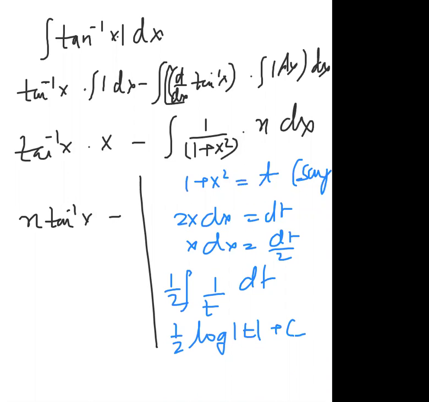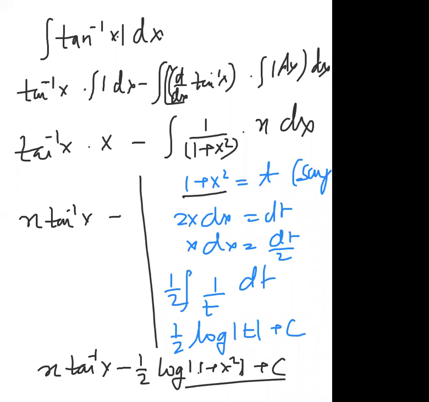So the final answer will be x tan inverse x minus 1 by 2 log mod t, where t is 1 plus x square, plus c. It is the final answer for the above given question.